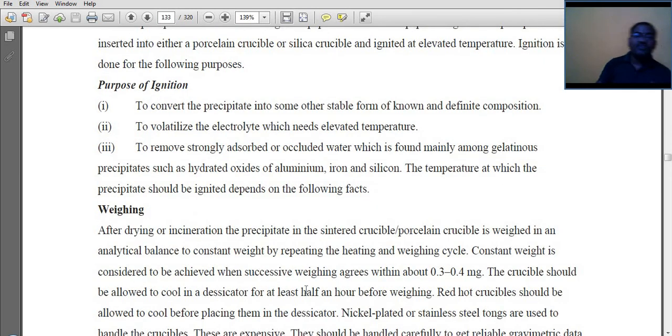What is the purpose of ignition? We consider the conversion of the precipitate into some other stable form of known and definite composition.